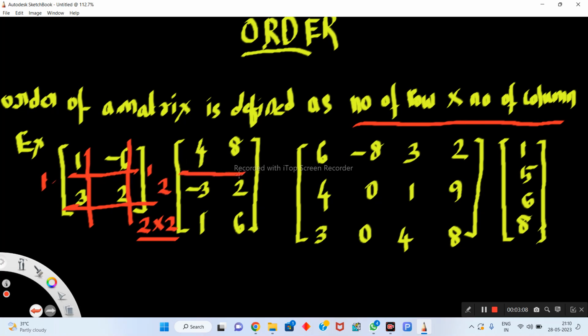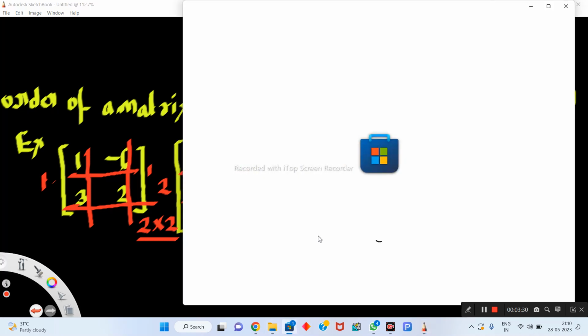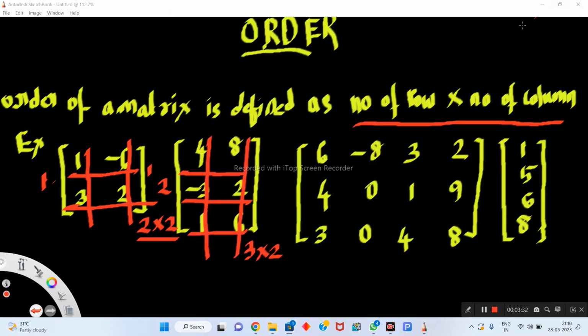We are having 3 rows, row 1, row 2, row 3, and 2 columns, column 1, column 2. So order of this matrix is 3 by 2.